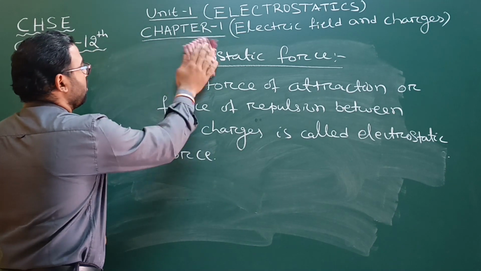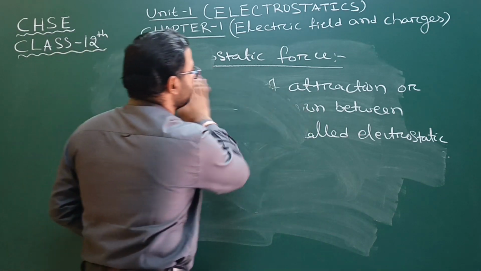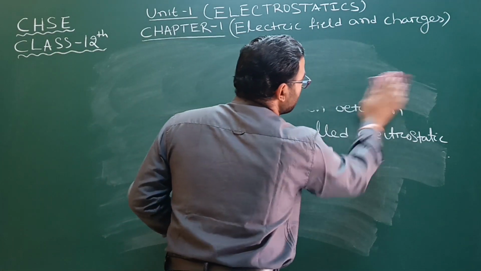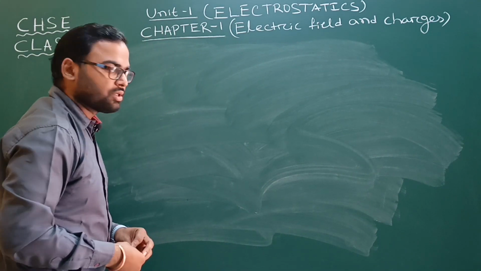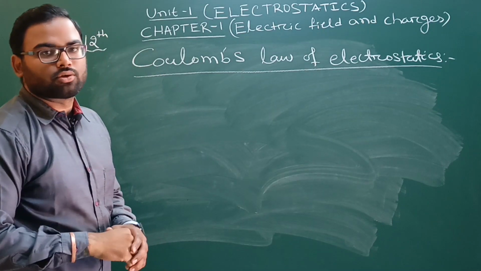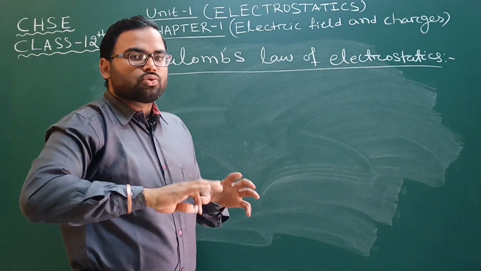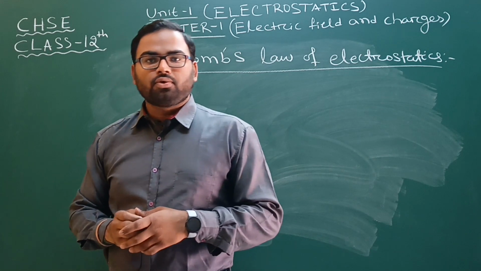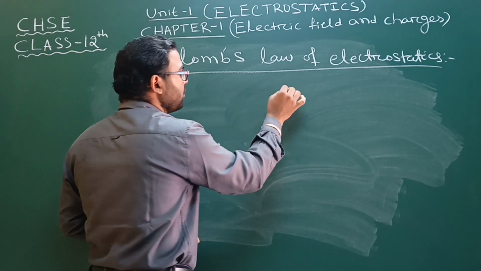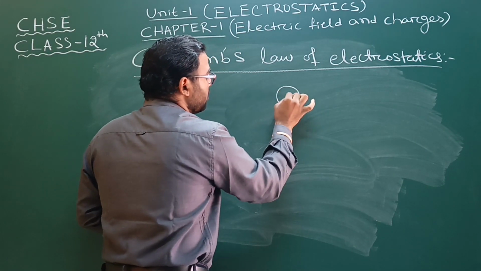Now we'll discuss about Coulomb's law, which is based on electrostatic force of charges. Coulomb's law of electrostatics. If there are two types of charges, then there will be an electrostatic force. So let us draw a diagram.